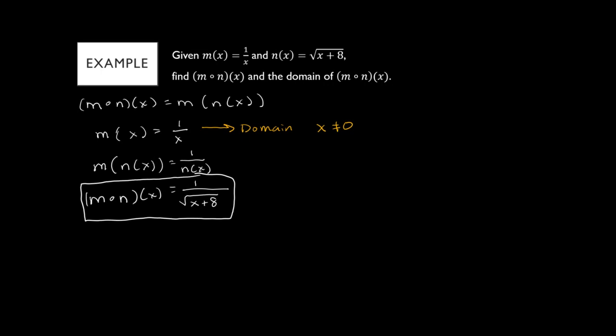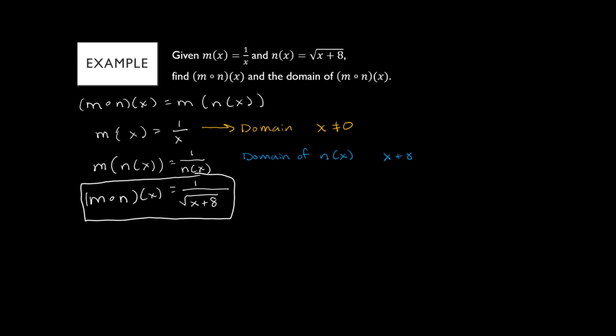Now we want to look at the domain of n, the other function, because we're plugging something into that. So let me do this in a different color. Domain of n of x. So n of x is the square root of x plus 8. Anything that is a function has to be graphable. So we can only have 0 or larger inside the square root.